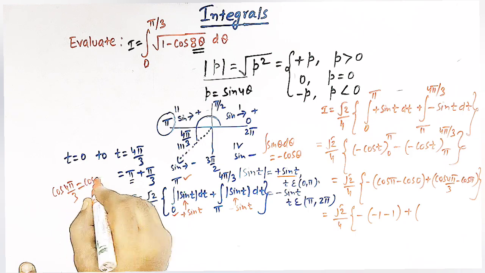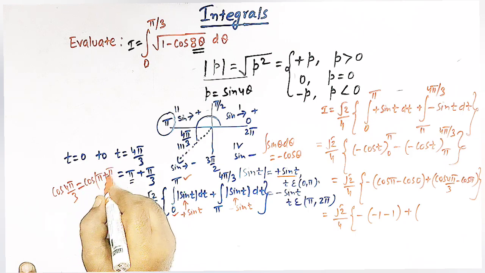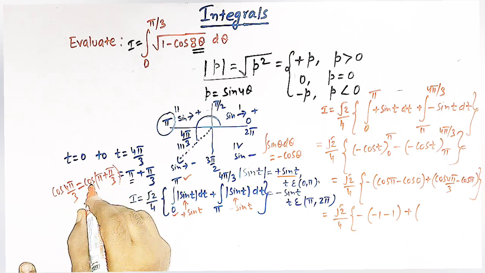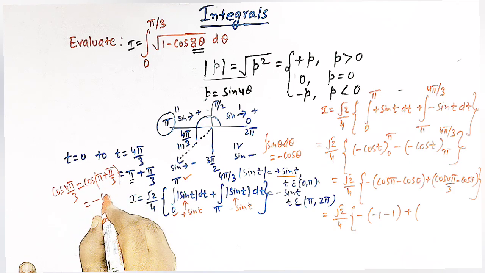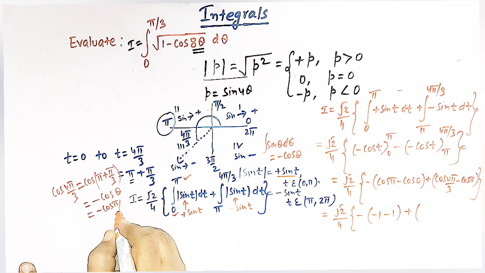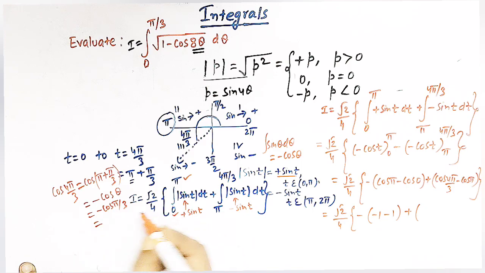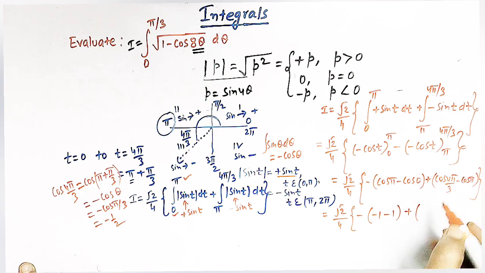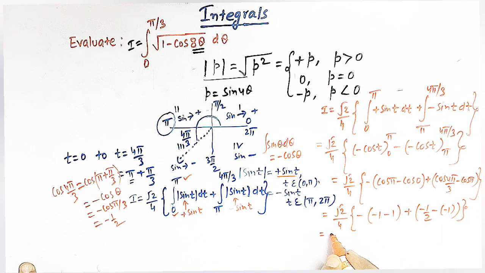So we have cos of pi plus pi by 3, and cos of pi plus theta is the negative of cos theta. So we have minus cos pi by 3, and that is cos 60 degrees, and this is half, so we have minus half. So here we have minus half, and here cos pi is minus 1, right? Okay, so now we can solve this expression.